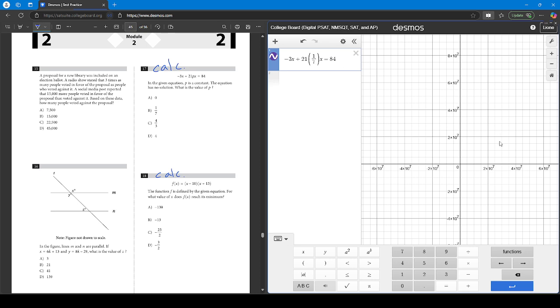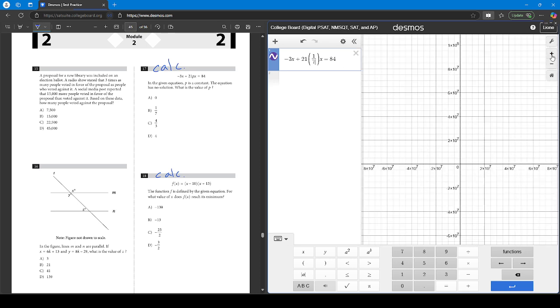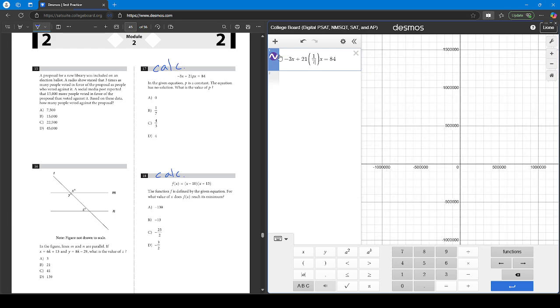But 1/7, even though I'm zoomed so far out, there's no graph. So I guess there is no solution here at answer choice B, even though the calculator showed me the squiggle mark there. So for number 17, B is the correct answer.